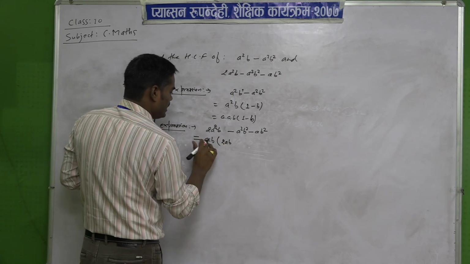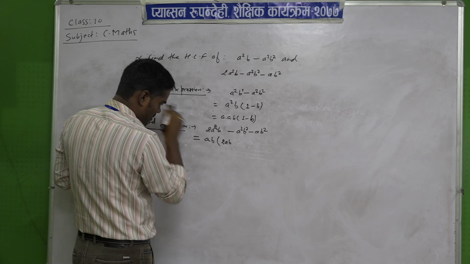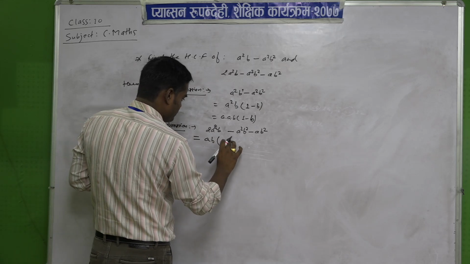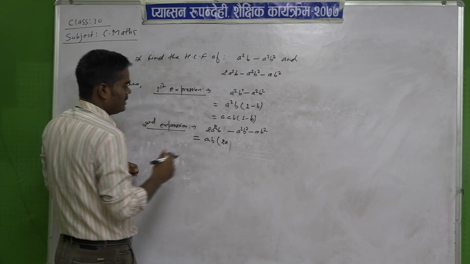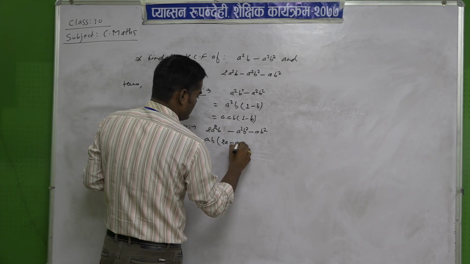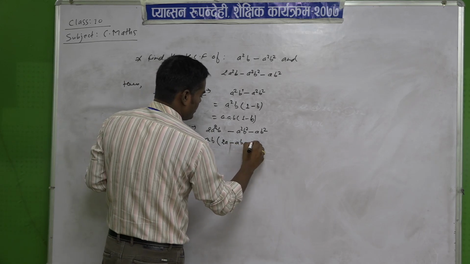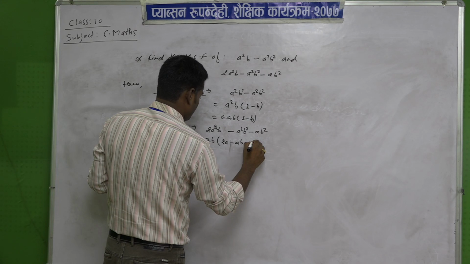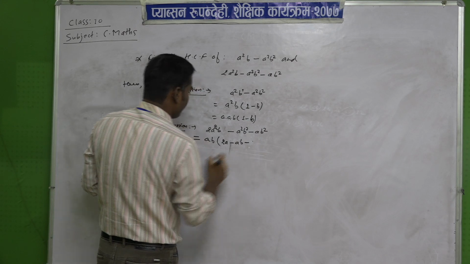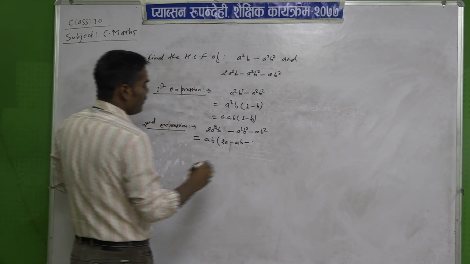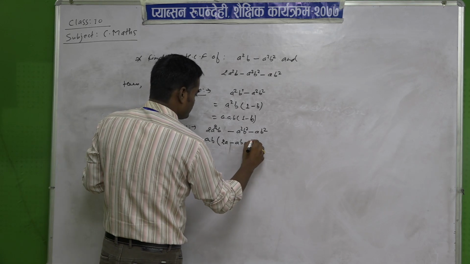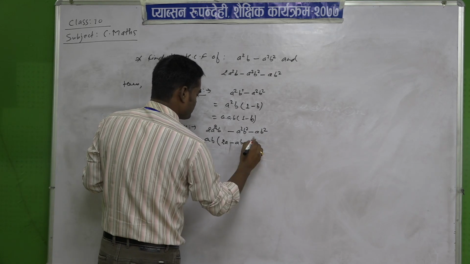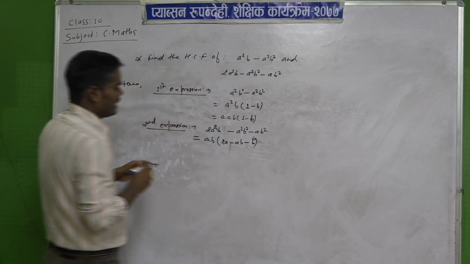So b is common, which means 2a minus ab minus b.